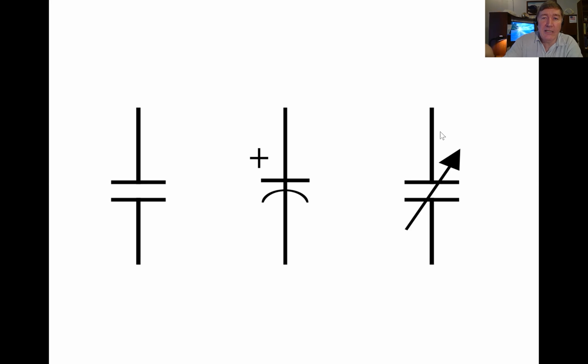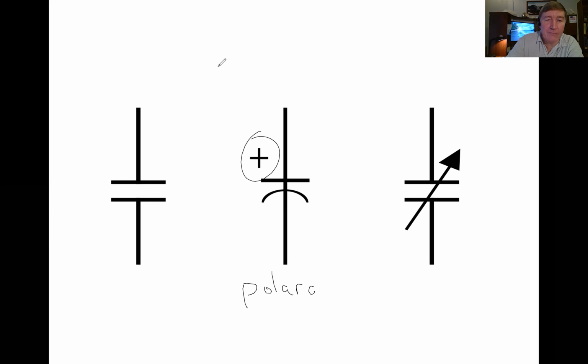If you see a plus sign written on the capacitor, that means it's what we call a polarized capacitor. Polarized. Boy, for some reason it doesn't want to write. There we go. Now, this is what I'm just going to call a normal capacitor.